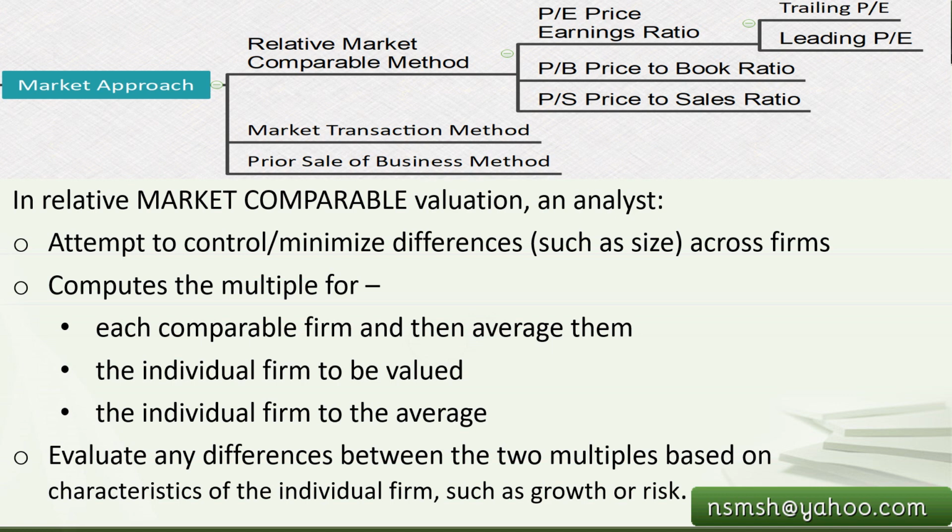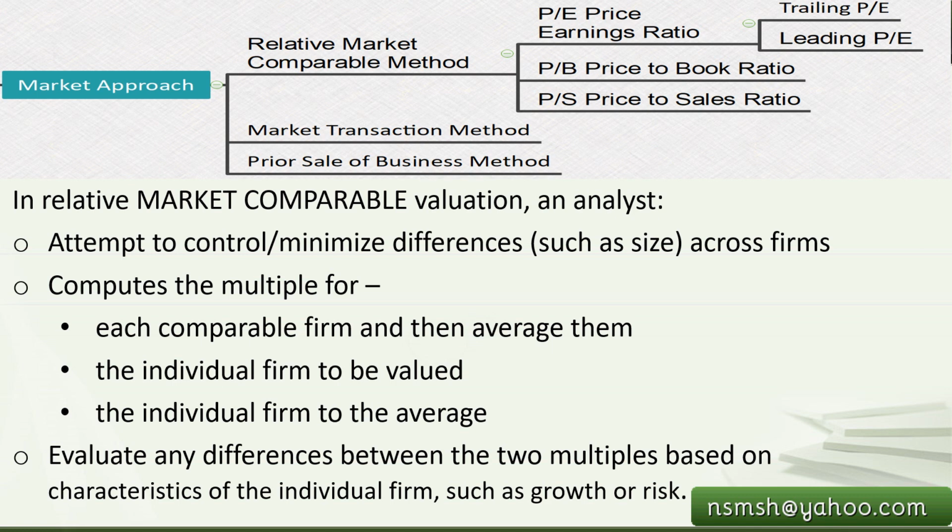In the relative market comparable valuation method, we already know there is the price earning ratio, which can be trailing or leading, the price to book ratio and the price to sales ratio. In this analysis, an analyst attempts to minimize differences such as size across firms, because assessing value in ratios is better for comparative analysis.